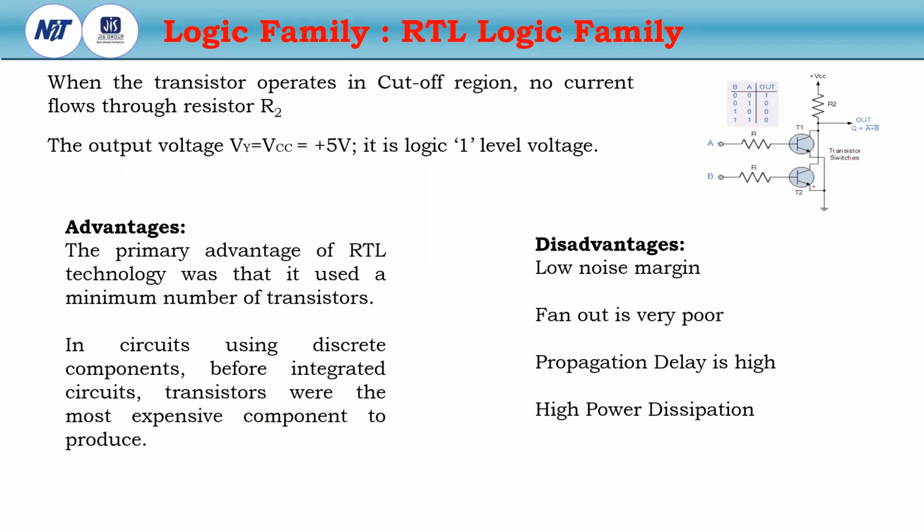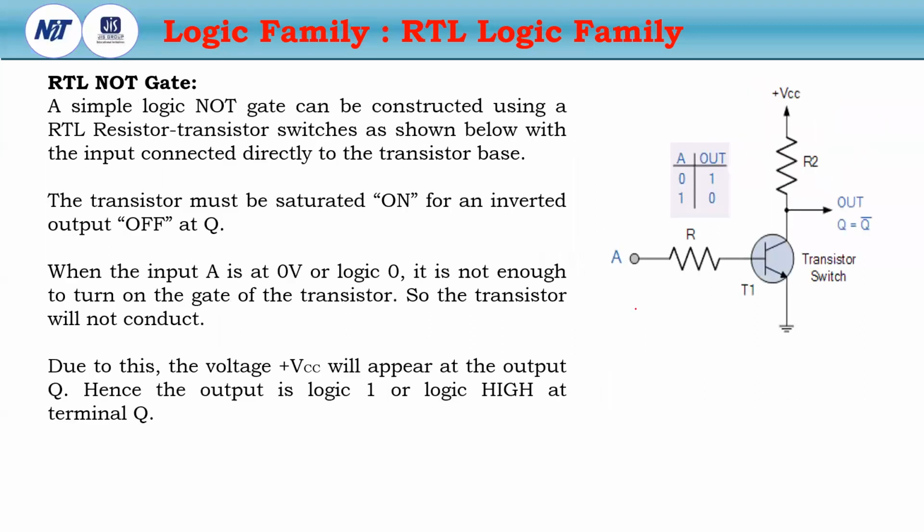This is very simple in design, but because we use resistances, the noise margin is very low. The fan out is very poor. The propagation delay is very high due to this resistance, and high power dissipation also occurs due to the resistors R and R2. There are different configurations of different types of gates in resistor transistor logic.